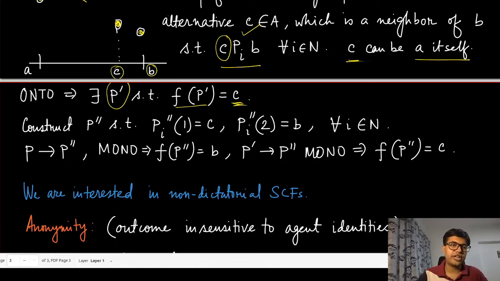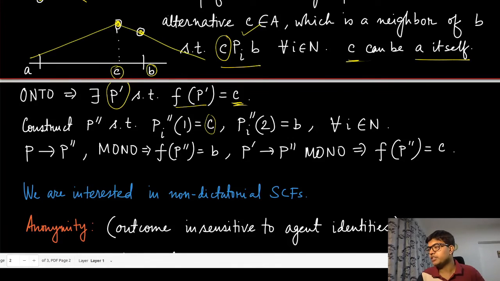Now we are ready to construct our P double prime. So what does P double prime do? It picks C to be the topmost one and B to be the second alternative, and this is possible because these two are neighboring alternatives. So we can look at all these preferences which have C as peak and B as the second alternative in the preference order for every agent i in N.